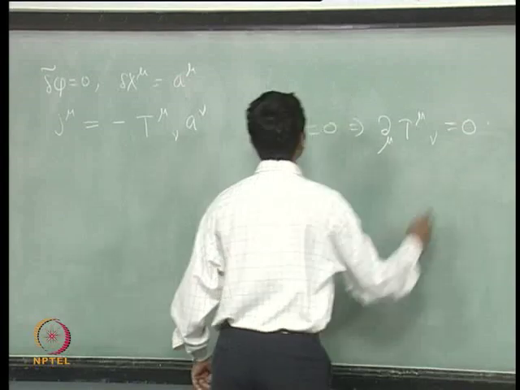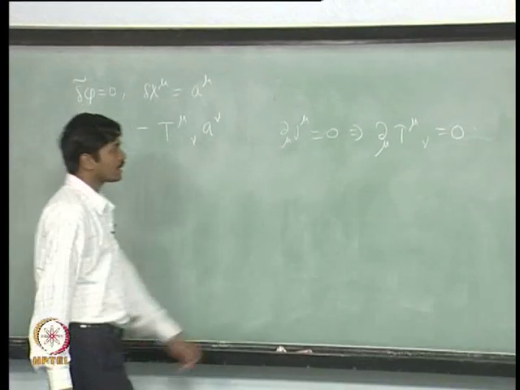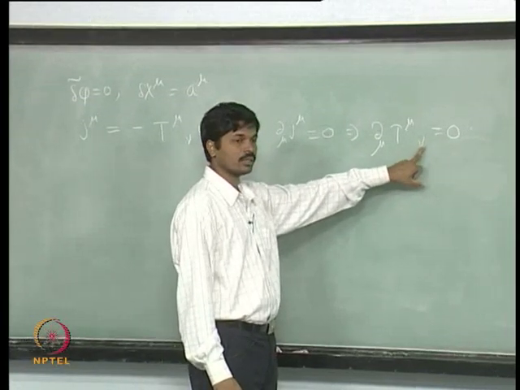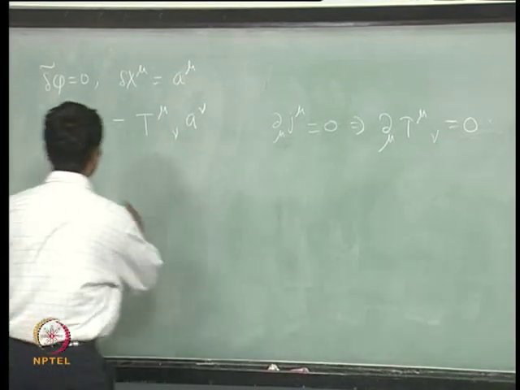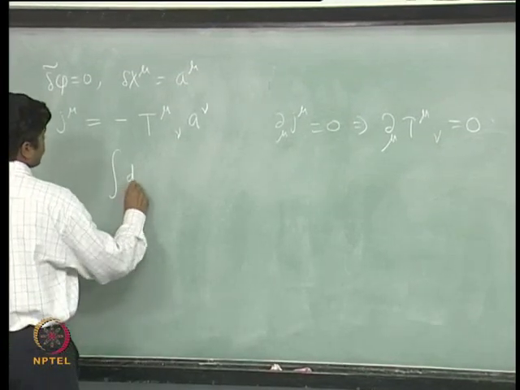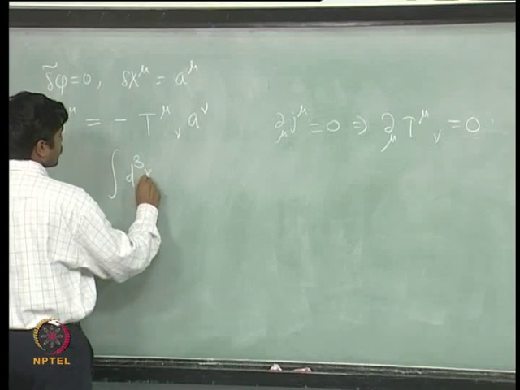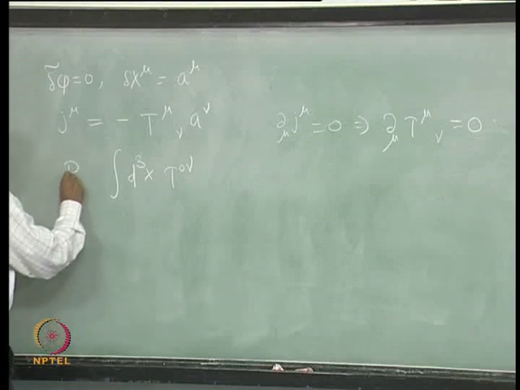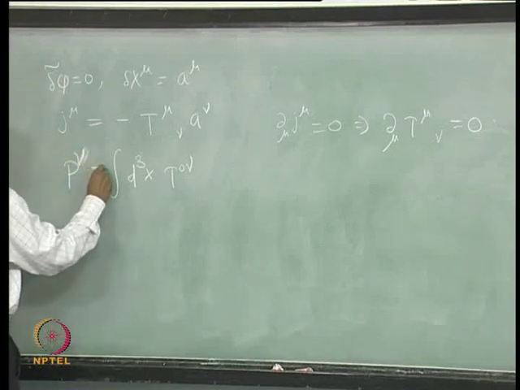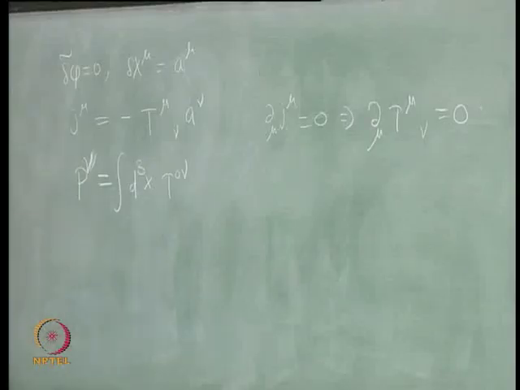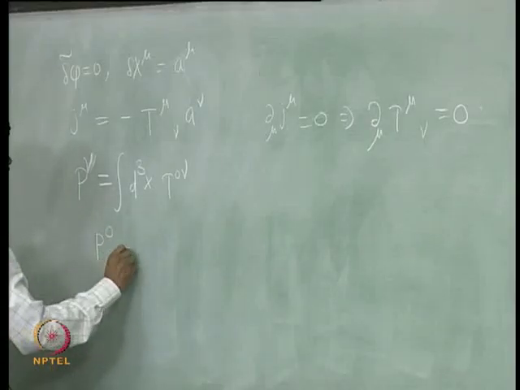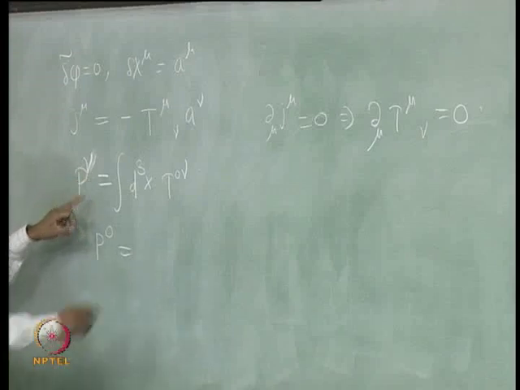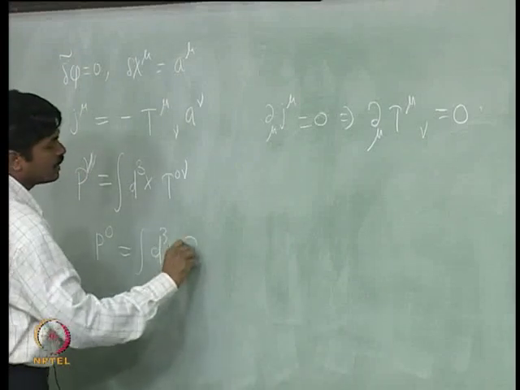So, instead of getting a single conserved charge, because you have a free index ν, we get a set of 4 conserved charges. The conserved charges are ∫d^3x T^0_ν, which I will define to be P_ν. Let us see P_0, the 0th component of the conserved charge. P_0 is basically ∫d^3x T^0_0.